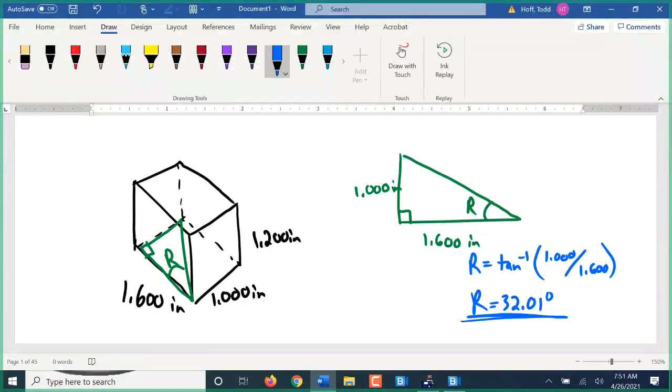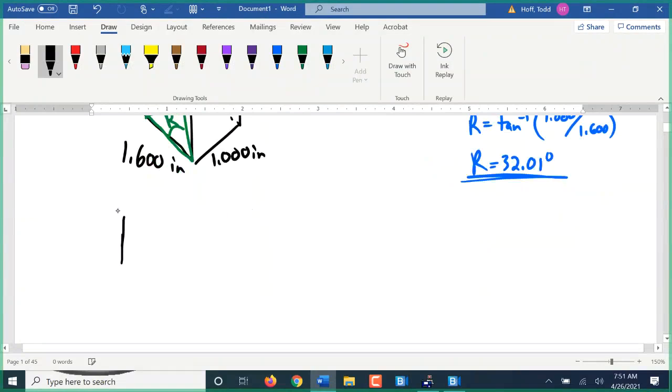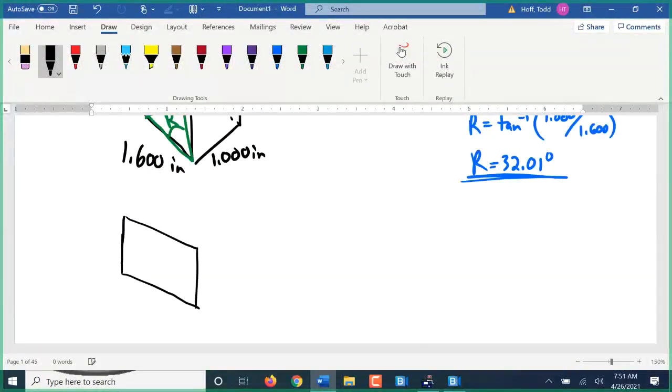Now, the next thing we want to find, I'm going to draw my drawing a little differently here. I'm going to use the same dimensions. I'm just going to redraw it a little bit differently so I can see it better.